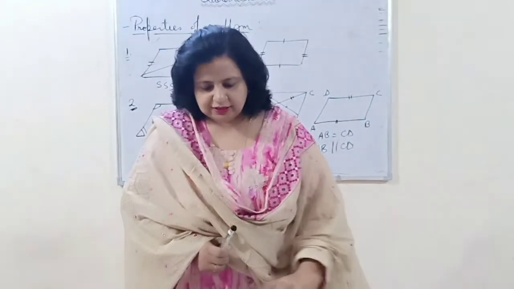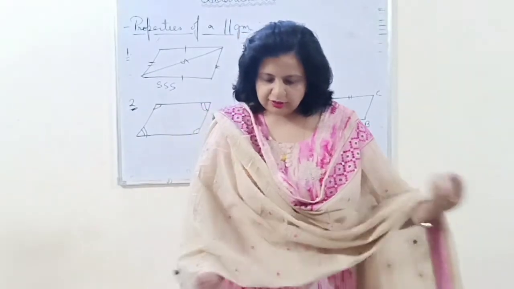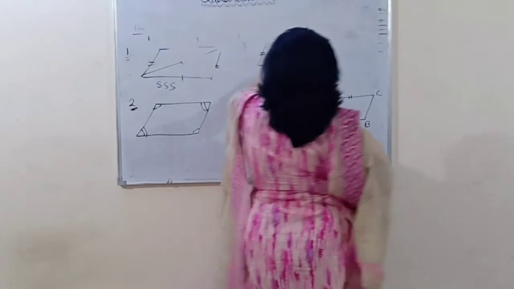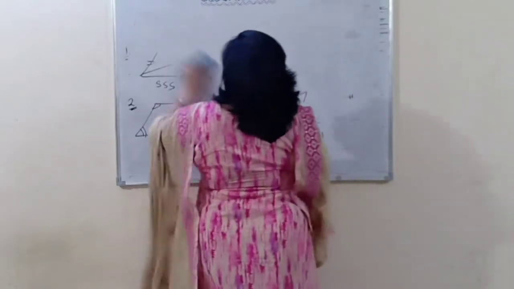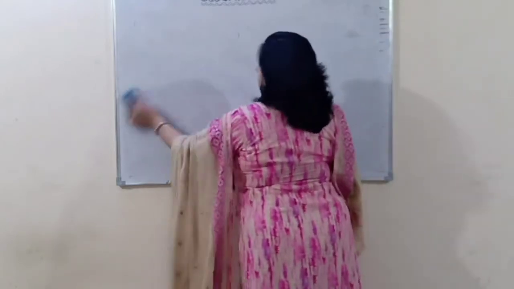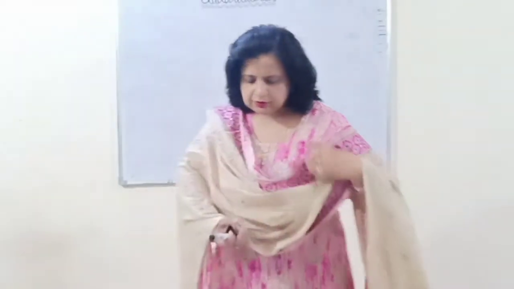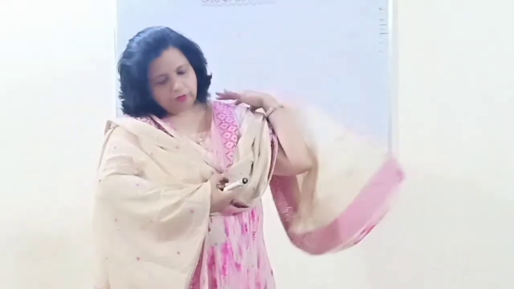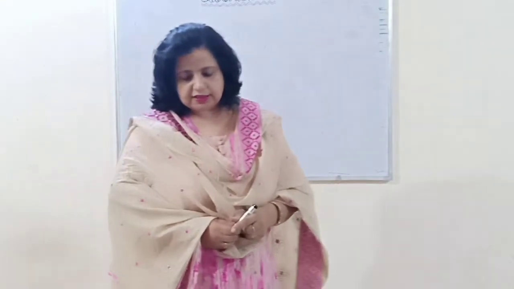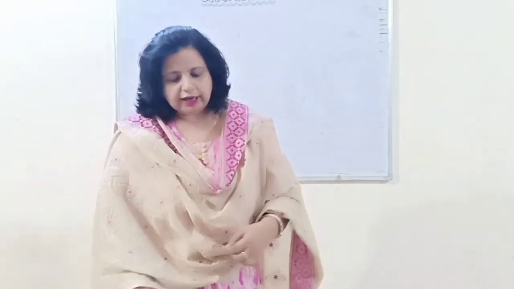Now let us take question 10 of exercise 8.1. The question is, ABCD is a parallelogram and AP and CQ are the perpendiculars from the vertices A and C on the diagonal BD.